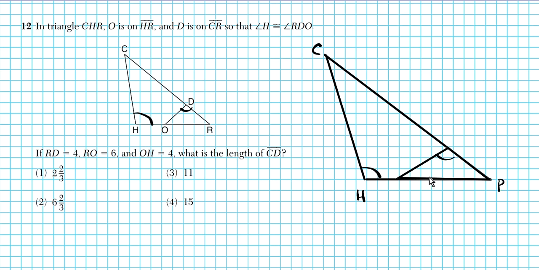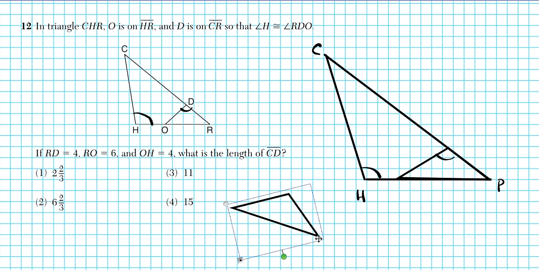Let me take the small triangle out. Pull that out, and notice that this angle right here, I'm going to rotate it around so that it's in the same configuration as the other one. So let me put it back.